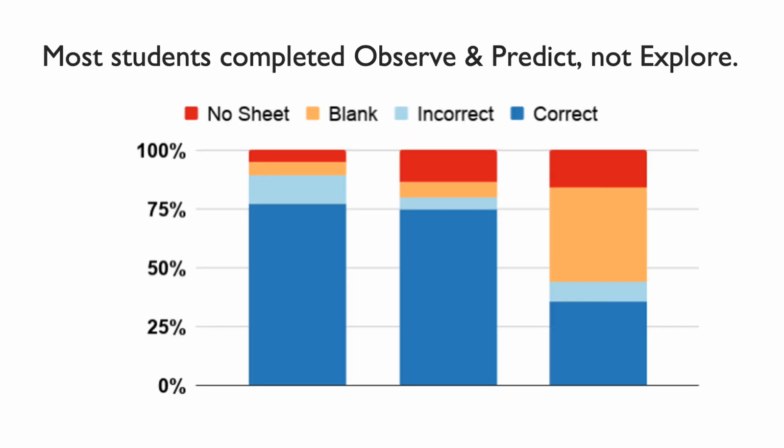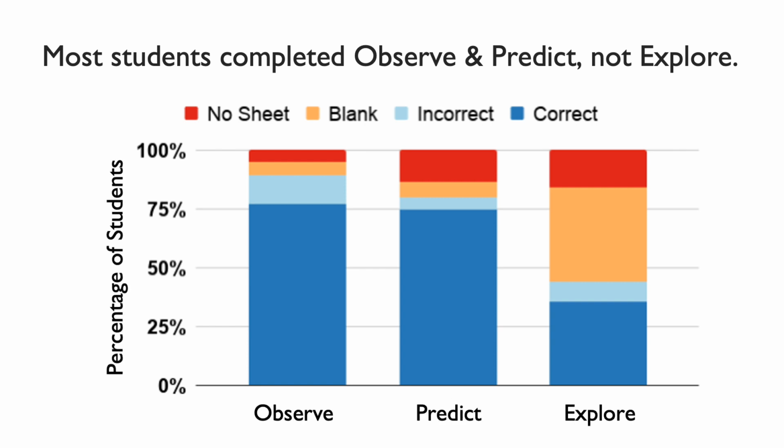Now on this graph, we have the question type on the x-axis and the percentage of students on the y-axis. We categorize student responses into no sheet, which means we didn't receive a worksheet from the student at all; blank, which means we received a worksheet, but the student did not answer the question; incorrect, where students answered the question incorrectly; and correct, where students answered correctly.